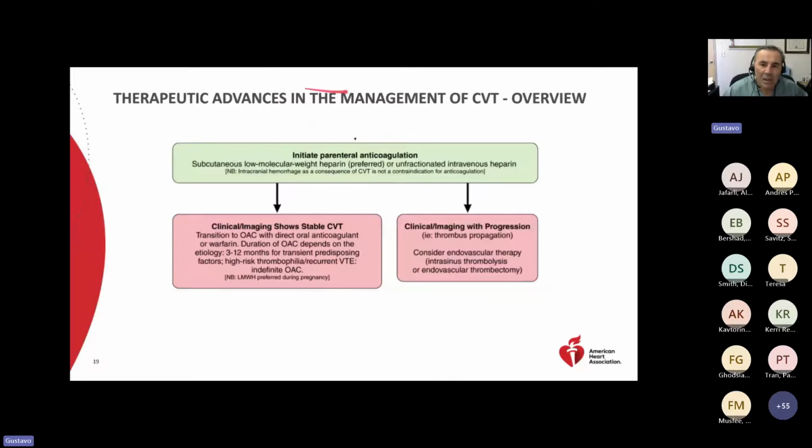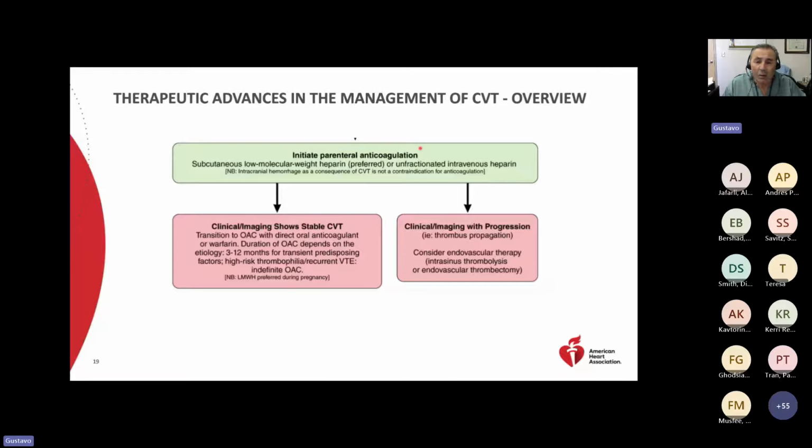So this is essentially the management. The recommended treatment once you make a diagnosis of cerebral venous thrombosis is subcutaneous low molecular weight heparin. Some people use unfractionated intravenous heparin. Again, the guidelines usually recommend low molecular weight heparin over unfractionated heparin.